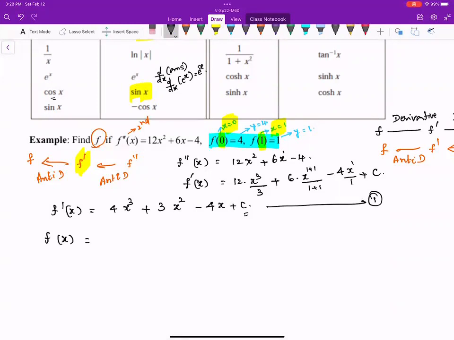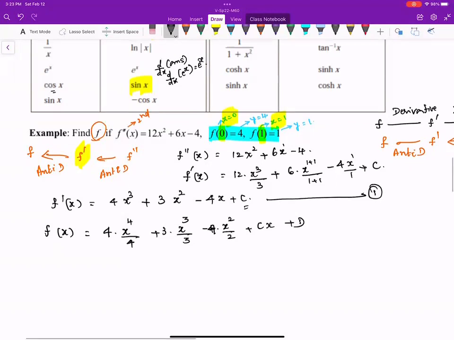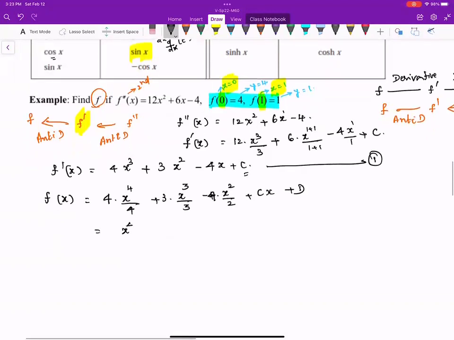We take the antiderivative of each expression on the right-hand side: 4 times x to the exponent plus 1 over exponent plus 1, plus 3 times x to the exponent plus 1 over exponent plus 1, and so on. The antiderivative of C is Cx plus D. So that will be x to the power 4 plus x cubed minus 2x squared plus Cx plus D. That is f of x.